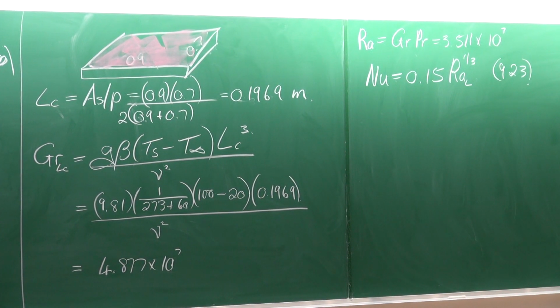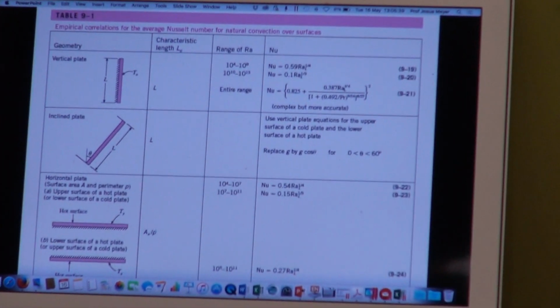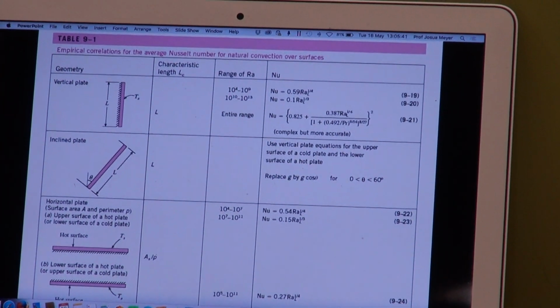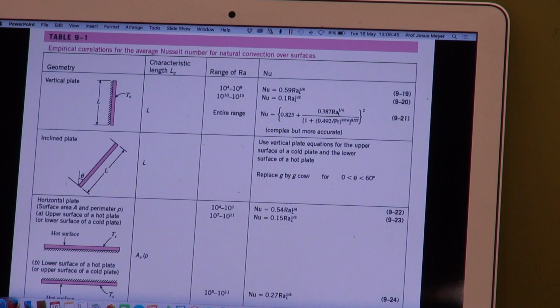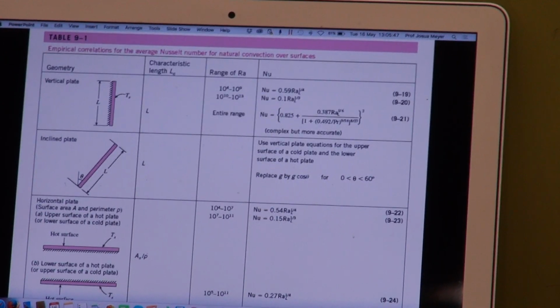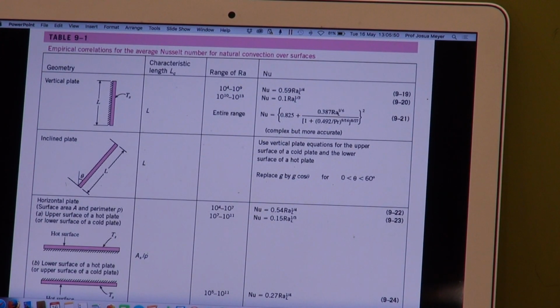You'll see that in the table, there's a range of 10 to the 4 to 10 to the 7 for the first range, and the second range is 10 to the 7 to 10 to the 11th, so we have to use the second one. And for that, the Nusselt number is equal to 0.15 Rayleigh to the third. In your textbook, it says only 0.1. It's a misprint, remember? It should be 0.15. Okay.